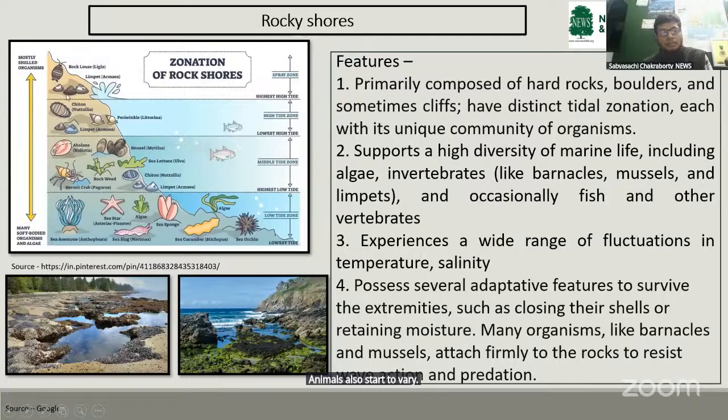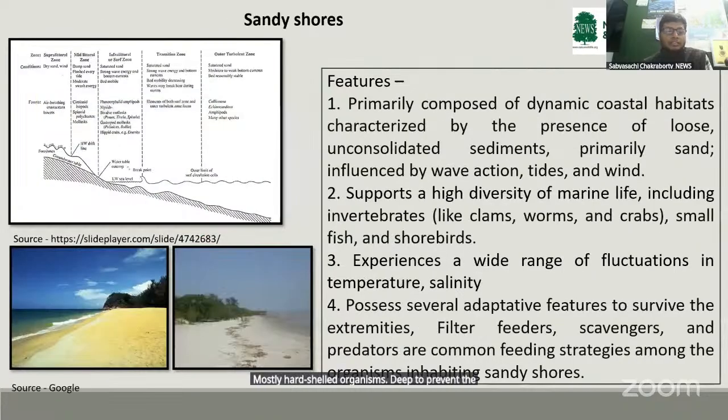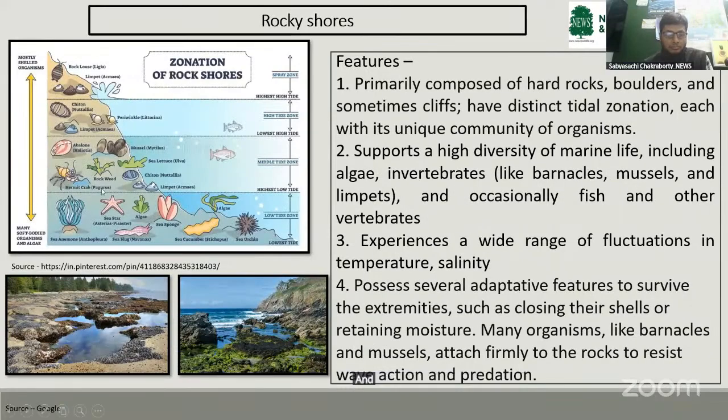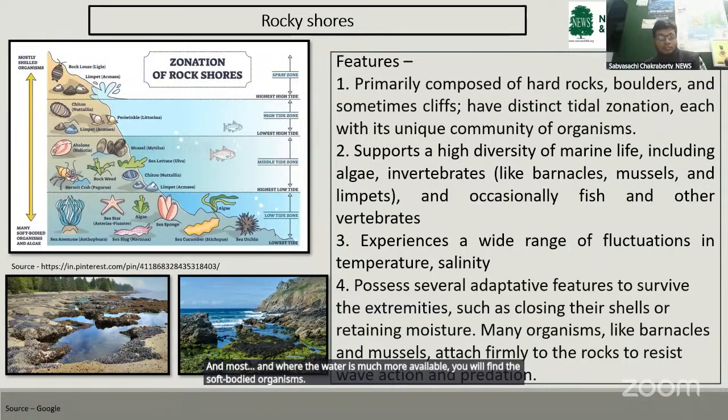In the upper extreme areas, the organisms are mostly hard-shelled, to prevent dehydration. And where the water is much more available, you will find the soft-bodied, soft-shelled organisms, the algae, the sea anemones, sea urchins.